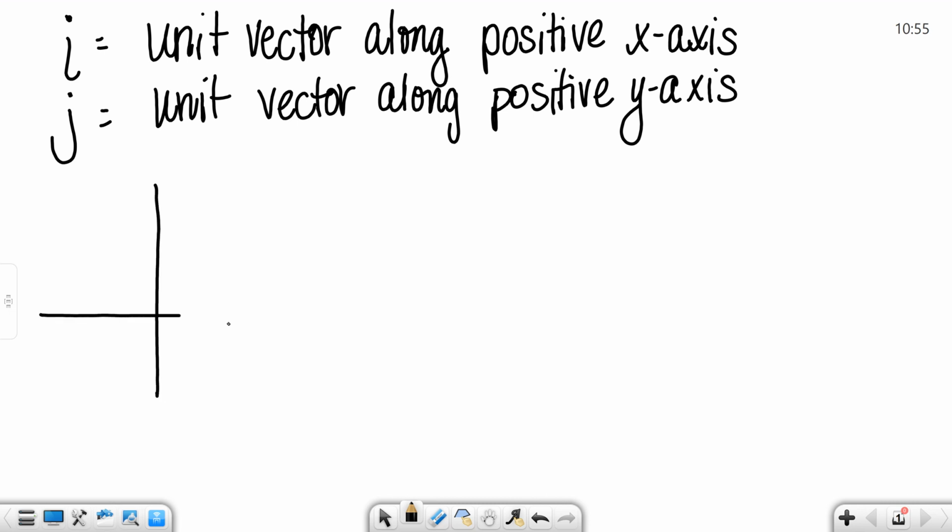So if I draw myself my x and y axis, and I have this vector v. Let's say that this represents my vector v. It has an initial point, it has a terminal point, right? And we're going to name this point for the moment A and B.